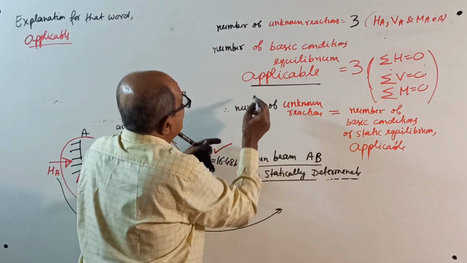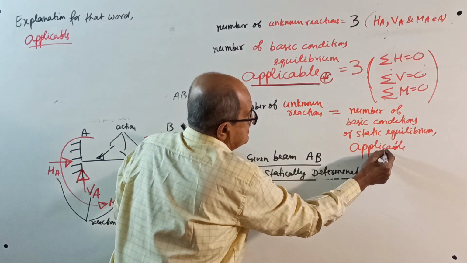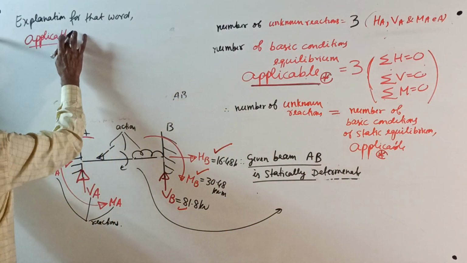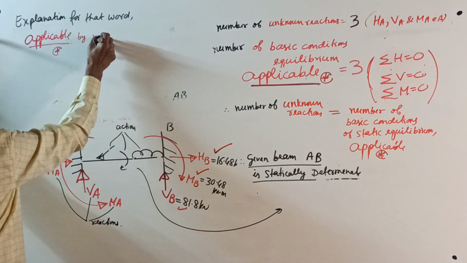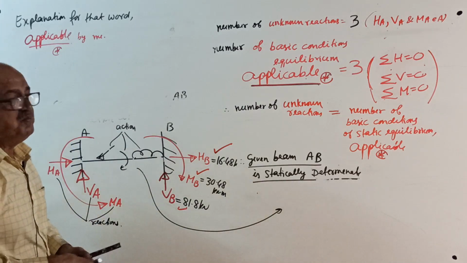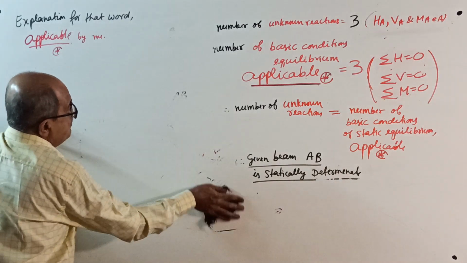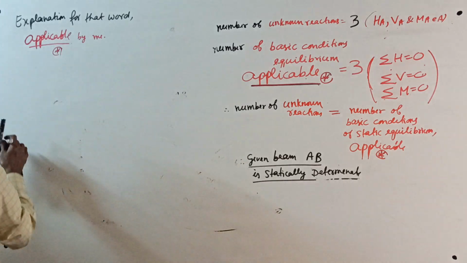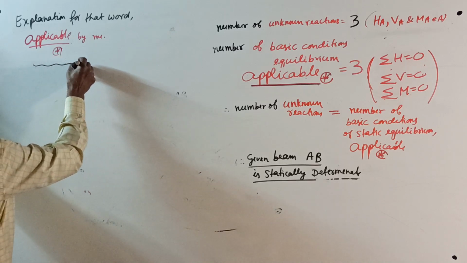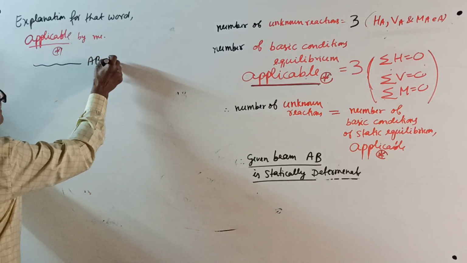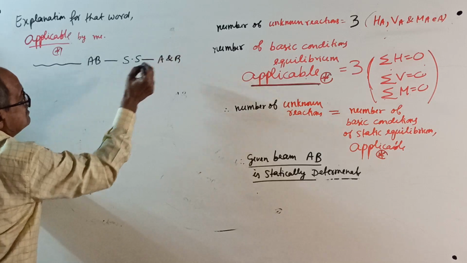You can write here, applicable, and put a star mark. Applicable by me. To better understand, consider a beam. Write a statement here, I will dictate now. Consider a beam AB simply supported at both A and B. You should write.